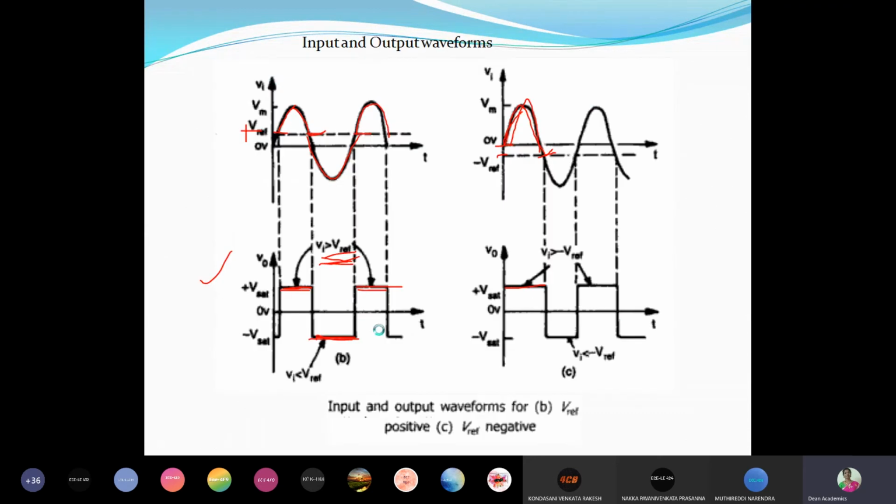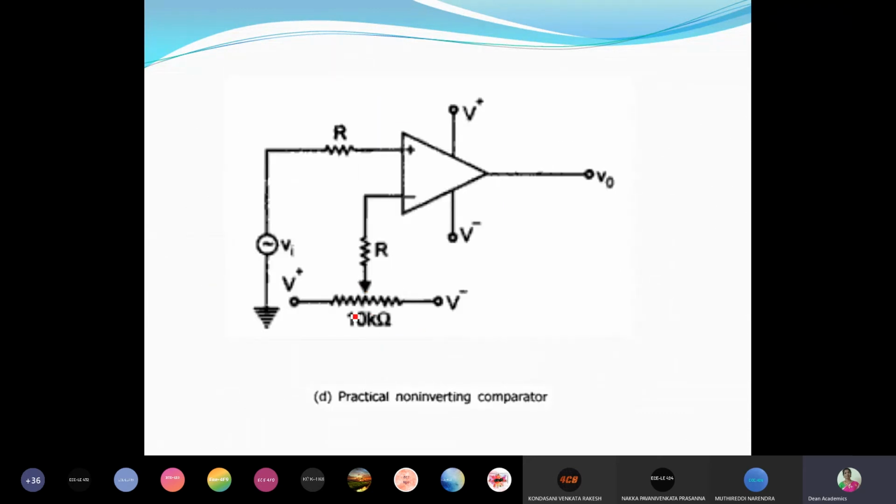What we do is connect one potentiometer between the supply voltages we are already using. We slide the potentiometer pointer so that we can adjust this reference voltage. Any value of reference voltage you can adjust, and accordingly you get the corresponding output. So this is a practical non-inverting comparator.